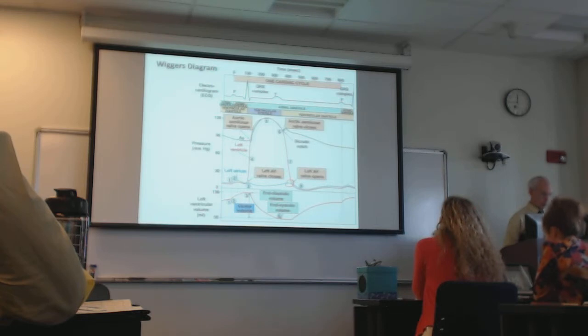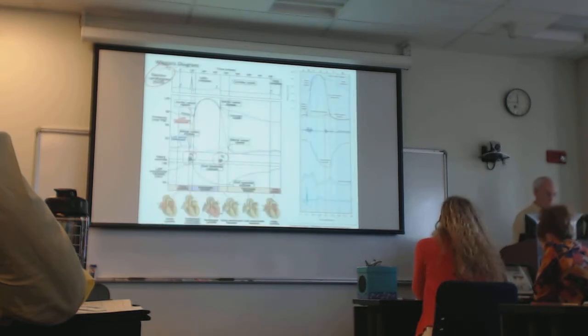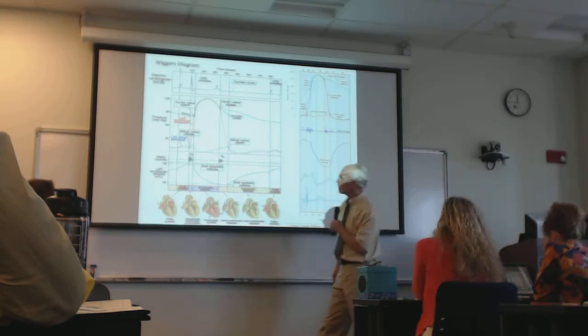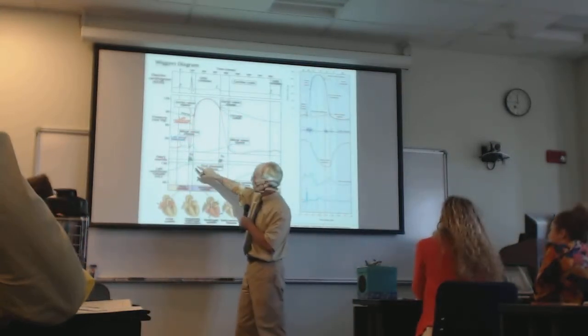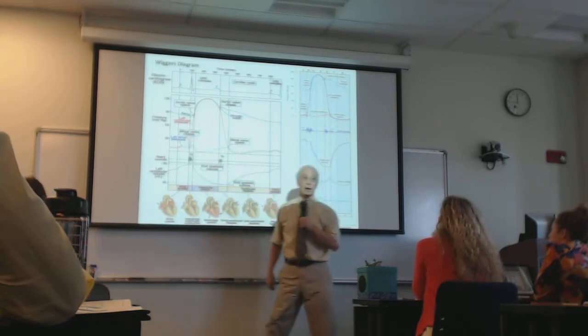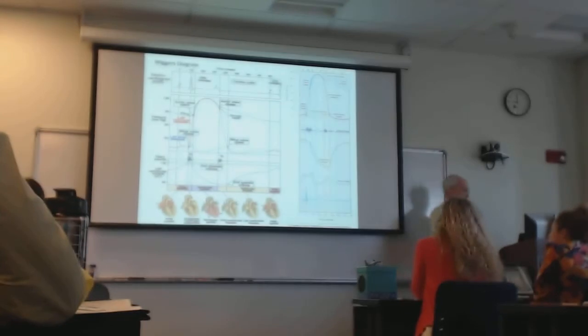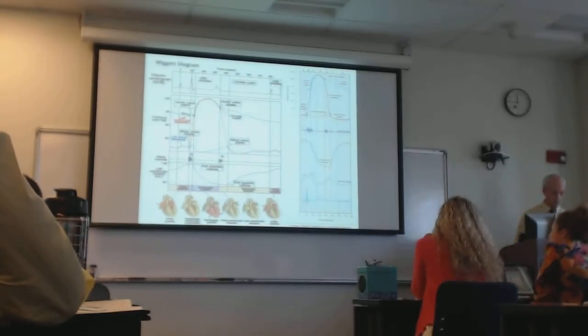Yes. Well, let's go to this one. To what do the two heart sounds correspond? Is it the valves opening or closing? Yeah, the valves are closing. With the atrioventricular valve in S1, and then in S2, the semilunar valves would be closing.